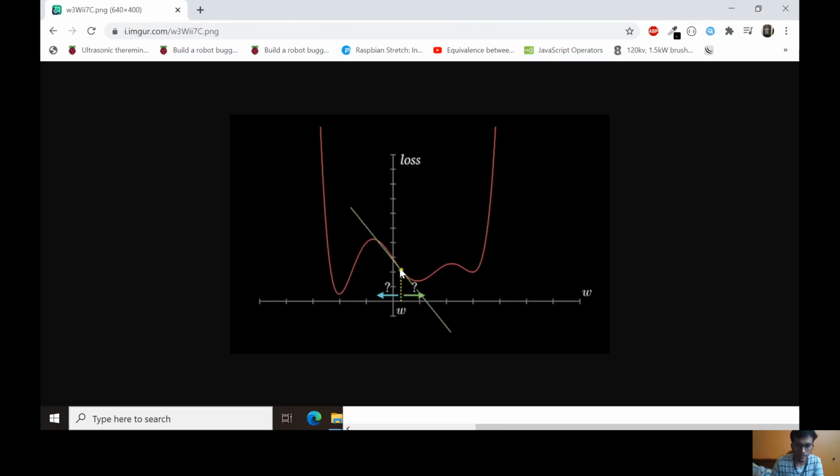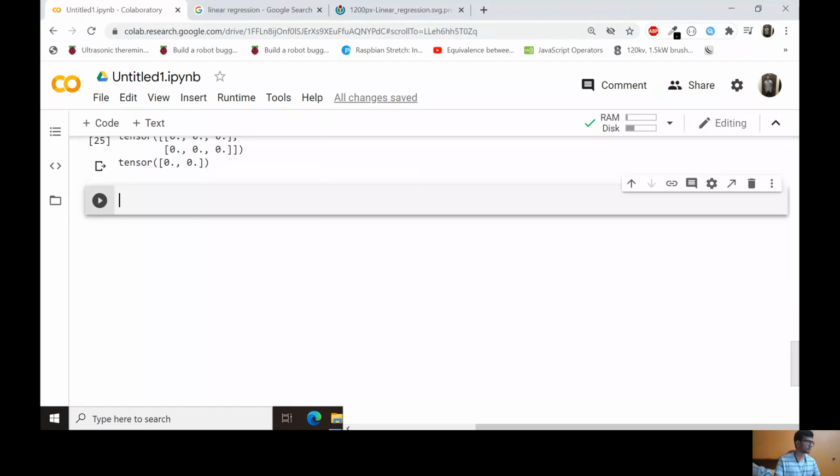If we are here, and we figure out that our slope is in the positive direction, that means when our value decreases, the loss function will also decrease. So what we can do is make a very small change in the value so that it might not shift from here to here. It will definitely change its direction to something where the loss function will also decrease. So that's what we are trying to do, adjusting the weights.